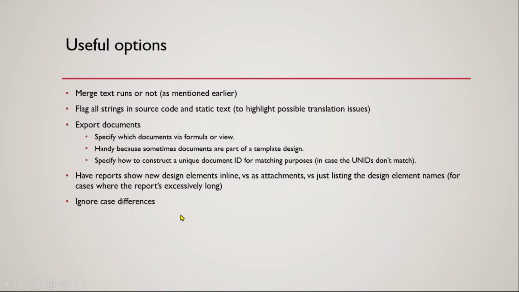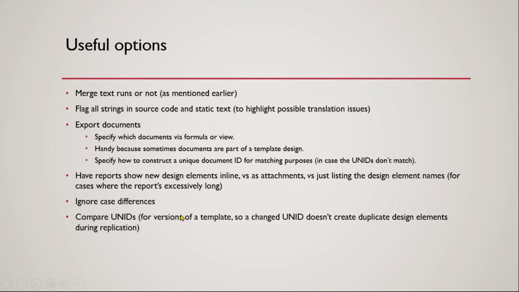You can tell it to ignore case differences if you've got a whole bunch of them. You can compare UNIDs, which is important for versions of a template, because if the UNID changes, that can cause problems where the new version of a template replicates with the old version, and a form has a different UNID, and so you get two copies of the form because they don't match each other.